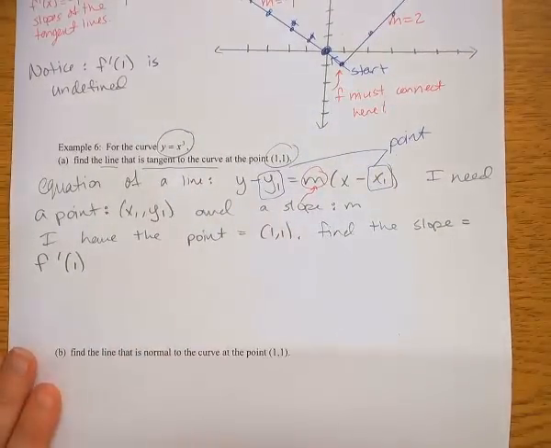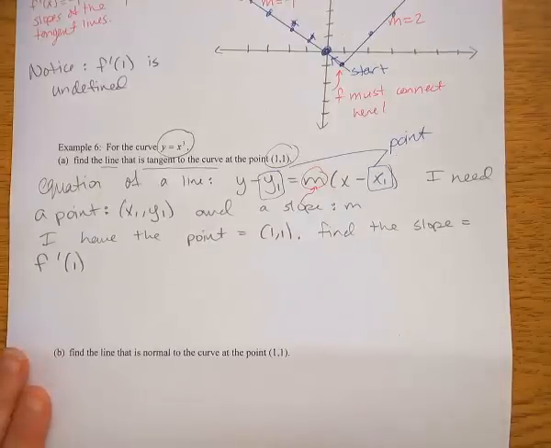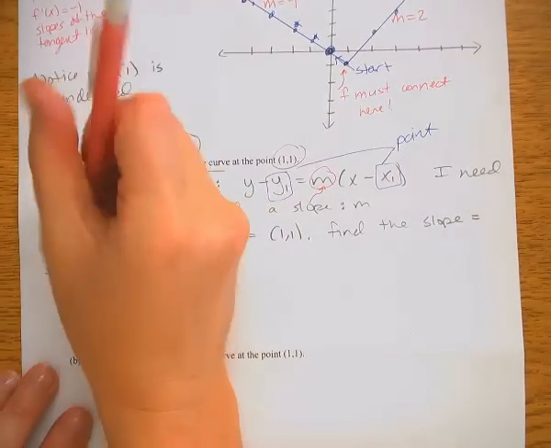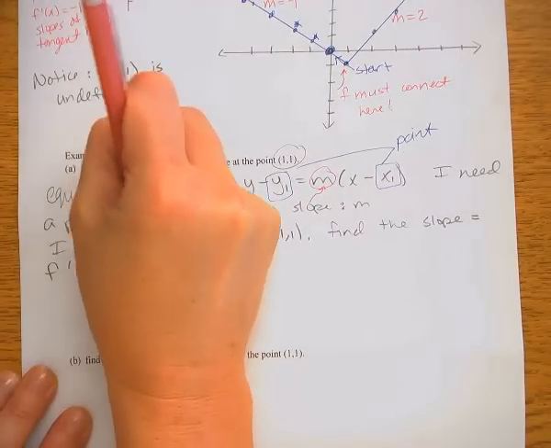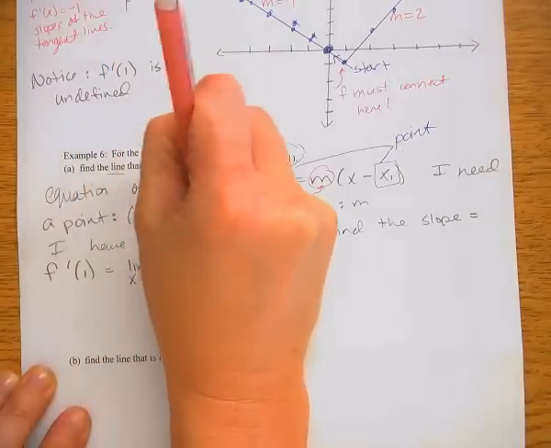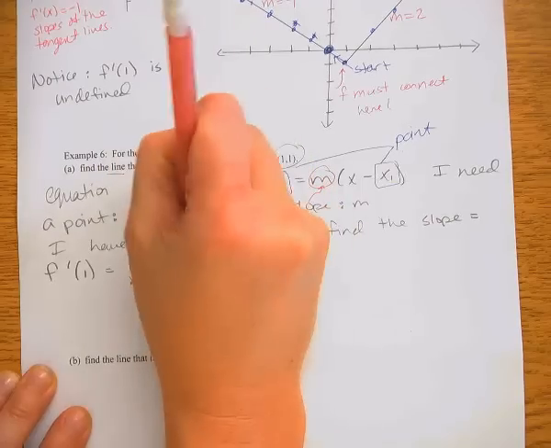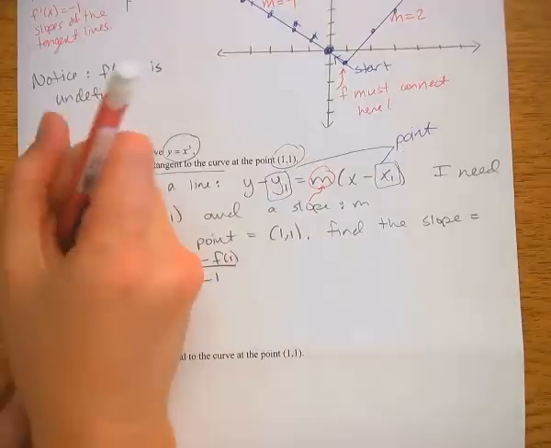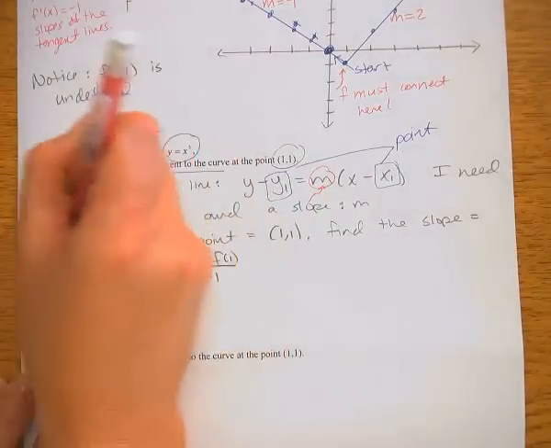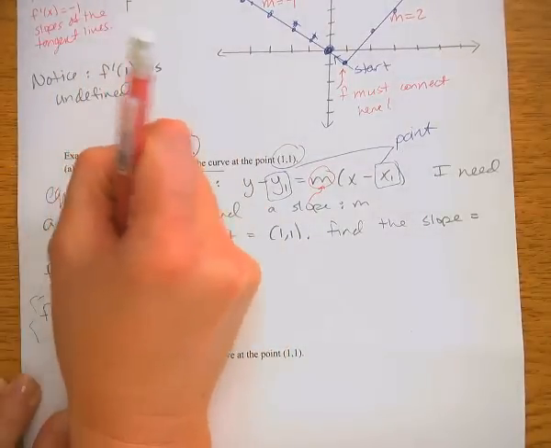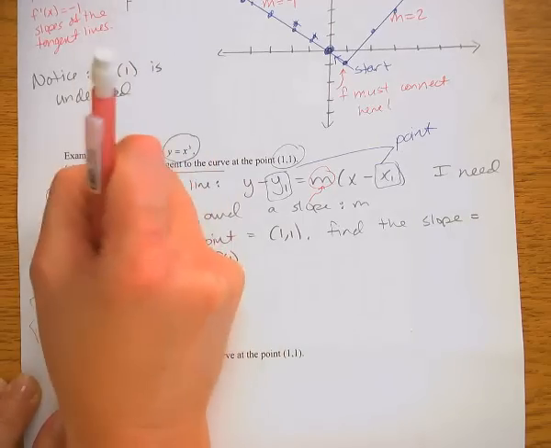So we're going to go ahead and use the formula for finding the derivative at a point, at x equals 1. So that would be the limit as x approaches 1 of f of x minus f of 1 all over x minus 1. So right here, this comes from the formula f prime of a equals f of x minus f of a all over x minus a.